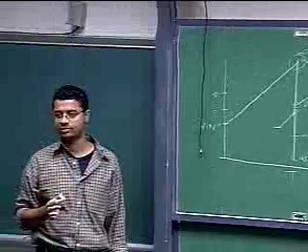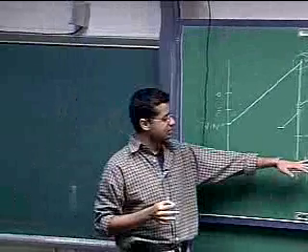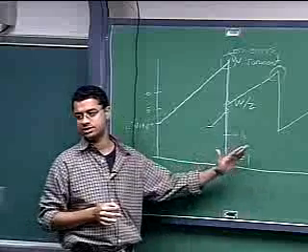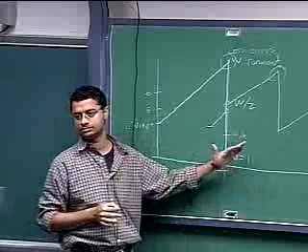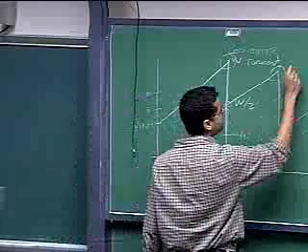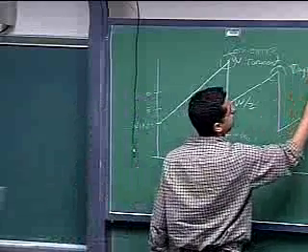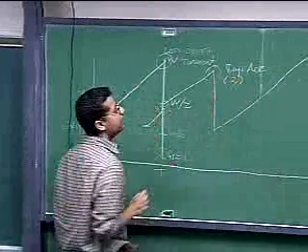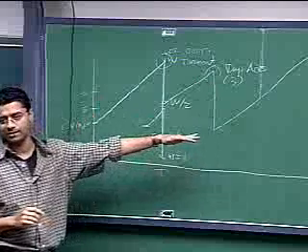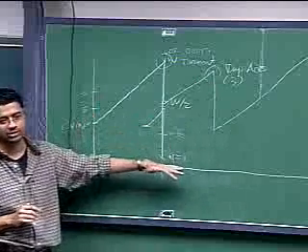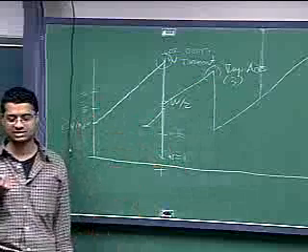Doesn't matter where you started from. If there's a timeout, you drop the window down to 1 and then restart increasing from the window size 1. If the loss is dupack, remember TCP uses 3 dupacks, then you do the AIMD thing. But if it's a timeout, then you drop the window size to 1 because timeout indicates that there is severe congestion.